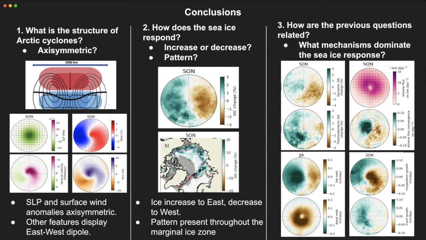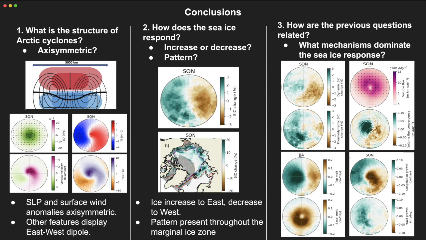So, my conclusions. The first is looking at what is the structure of Arctic cyclones, and was it axisymmetric? Was it like this Aizawa and Tanaka model? What we found was that although some features are fairly axisymmetric, such as the low pressure in the center of the cyclones and the winds around it, a lot of features are decidedly not axisymmetric, such as the temperature fields.